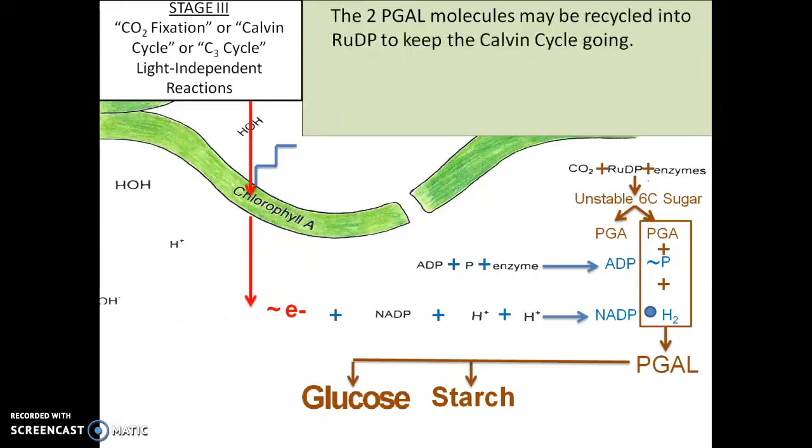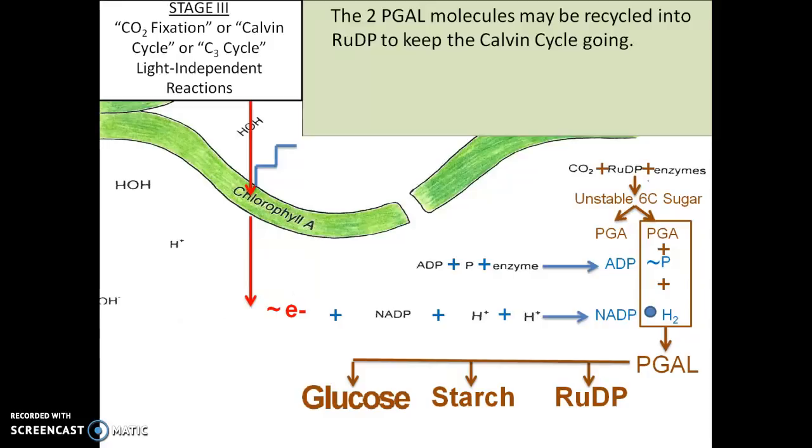Or last thing, that pGal could go on and form more RUDP. Why do you think we need more RUDP? Right here, we need to replace the RUDP that we already used in the Calvin cycle. So we need this in order to accept more carbon dioxide and make the Calvin cycle happen again. So those are our three products of the Calvin cycle.